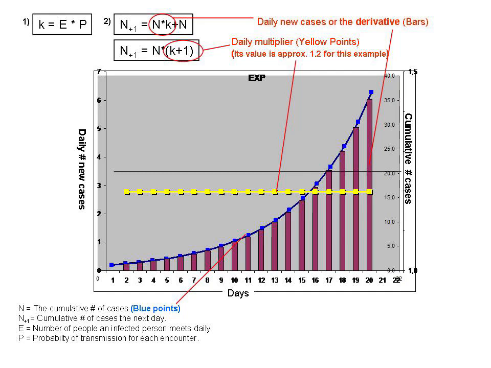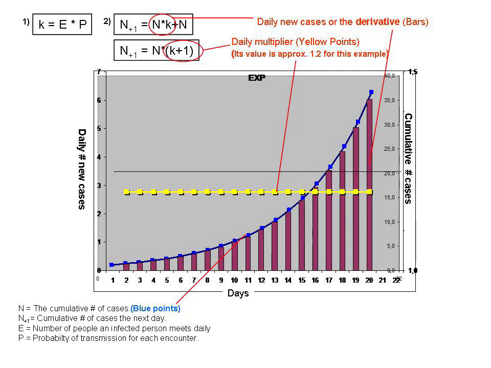You can see that the derivative of the cumulative cases, the exponential function, is exactly the same as the exponential function. This is what we talked about. If you scale them correctly, the derivative of an exponential function is exactly the same as the exponential function itself.